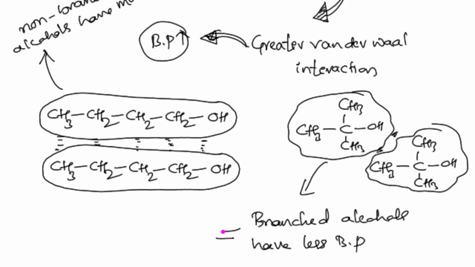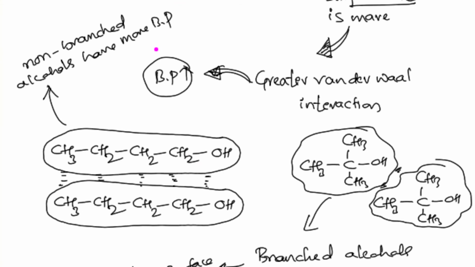The reason is very simple, students: in the branched alcohols there is less surface area, and because of that there are fewer interactions, so there will be a lower boiling point. But when you consider the non-branched alcohols, there is greater surface area, greater interaction, and therefore we get a greater boiling point. Hope you understood this.